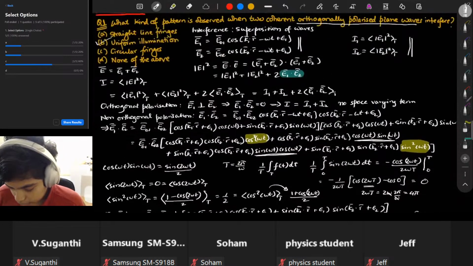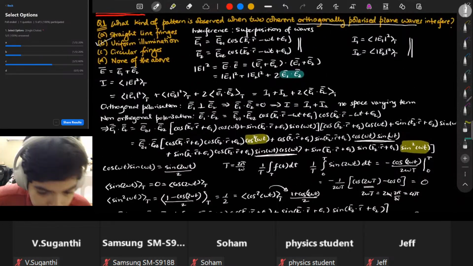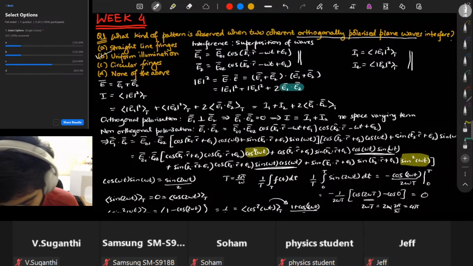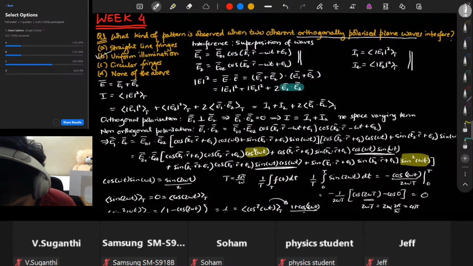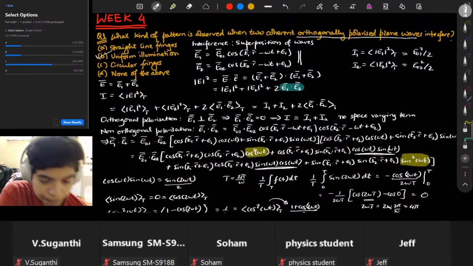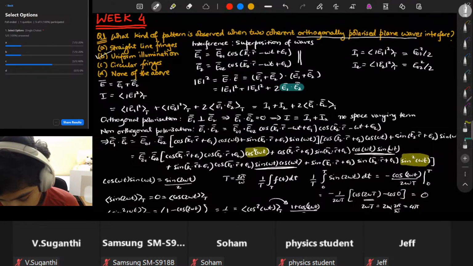Why? Let me come back here. For I1, if you find this time average, it comes out to E01 squared by 2, and similarly E02 squared over 2 for I2. Why? Because what is mod E1 squared?